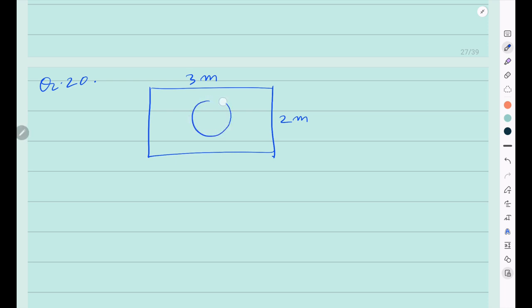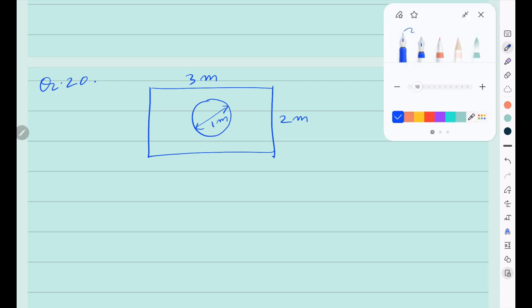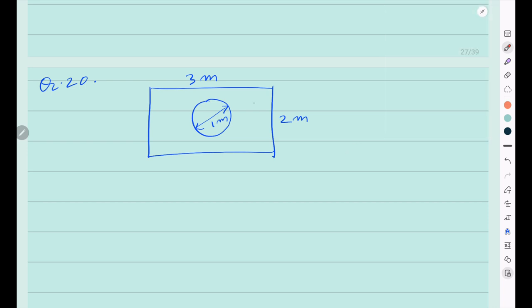And there is one area of diameter 1 meter. When we drop a die at random on this rectangular region, what is the probability that the die will land somewhere here?